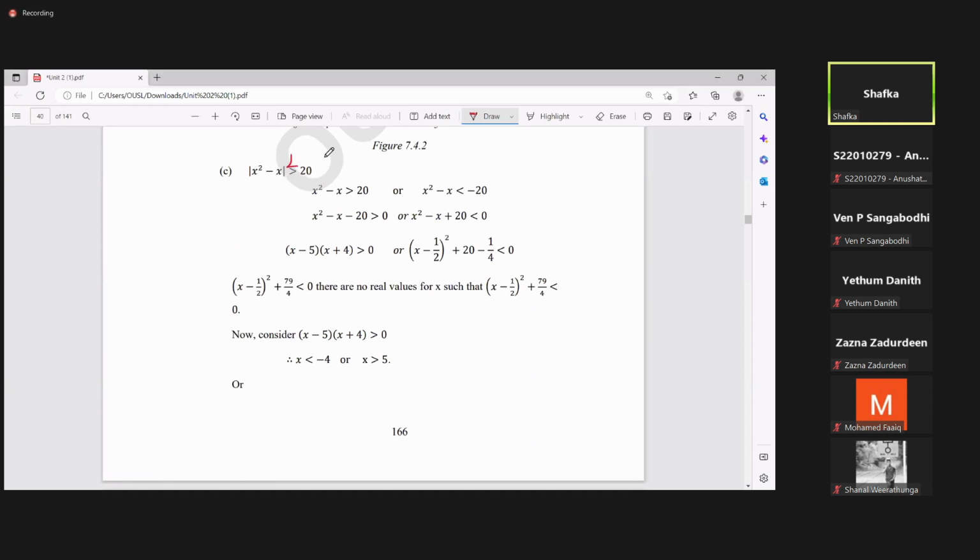Either you can take the square and perform it. Anyhow, whichever way you perform, you will get x square minus x minus 20 or x square minus x plus 20. These two will be the factors. Can we factorize this? x square minus x minus 20. Can we factorize it?